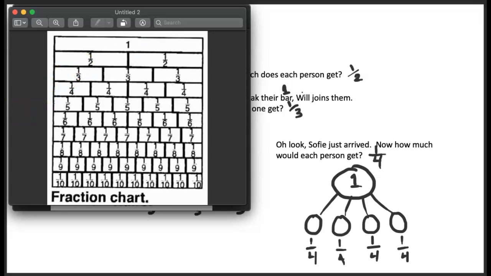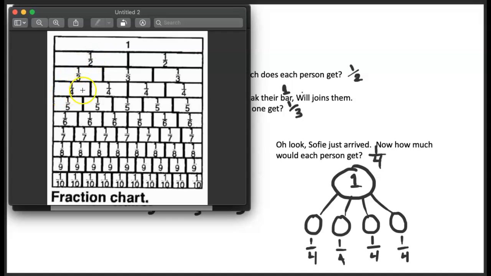Of course, remember the story. Apparently, before they even got broken into the 3 parts they needed for Lou, Joe, and Will, Sophie arrived. And so now what? Which row shows dividing the granola bar into 4 pieces? Right, so there's the whole granola bar, the one, the whole.